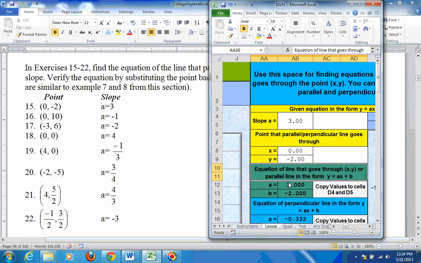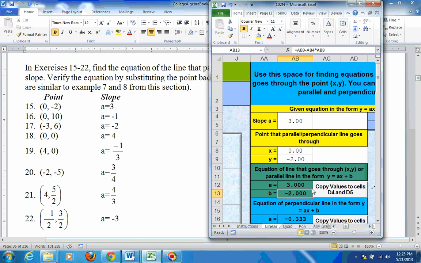And that's here where it says find the equation of the line parallel. Well, this would be the equation of a parallel line, but for this problem it's the line that you want. So the equation of that line is y equals 3x minus 2. See, it's in the form y equals ax plus b. y equals 3x plus minus 2.